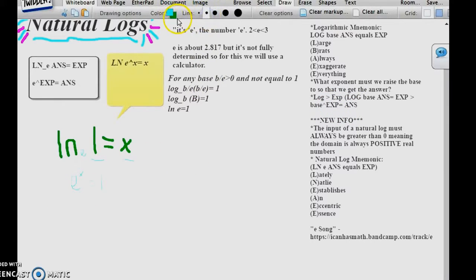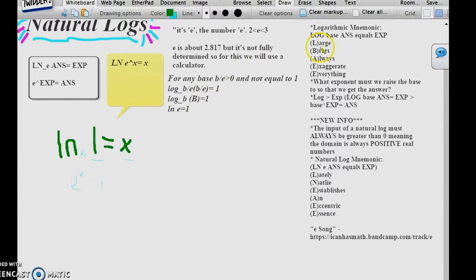So now, think about it. We can use this same case, basically, for any base that's greater than 0, which e is, and not equal to 1.